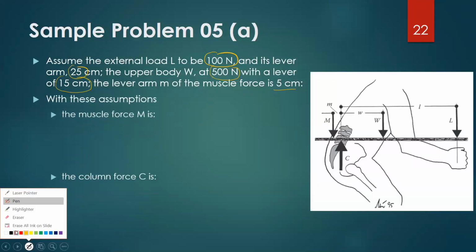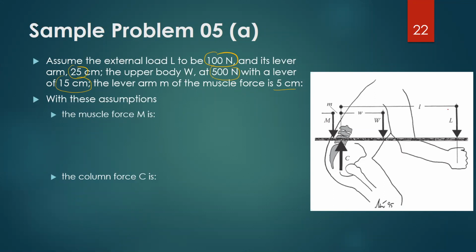So what we are given is that the load being held is 100 newtons. This small L is 25 centimeters. The weight of the upper body is 500 newtons, or approximately 50 kilograms.